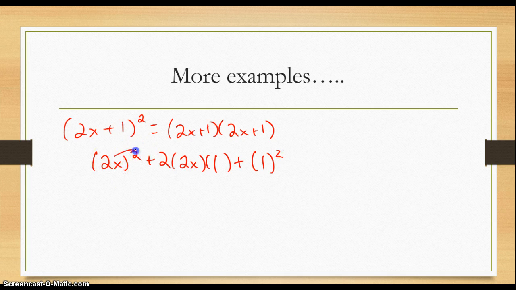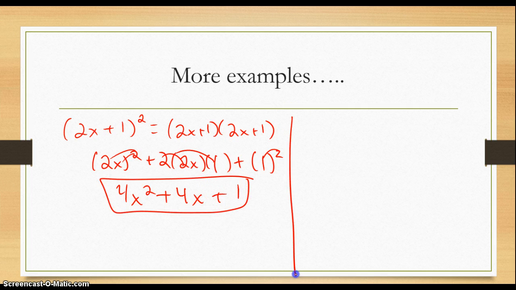So distribute that 2 to both pieces of that. 4x plus 1. Okay? So use that special formula, especially with the plus. Make sure you pay attention to the signs.